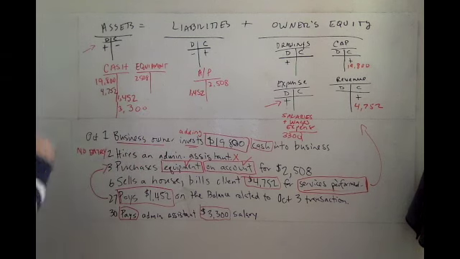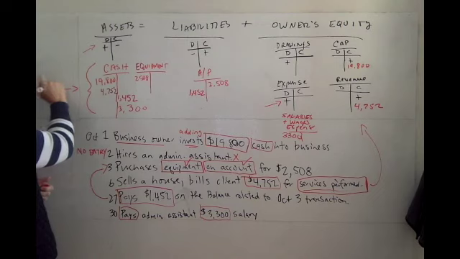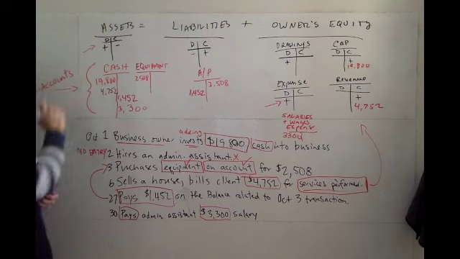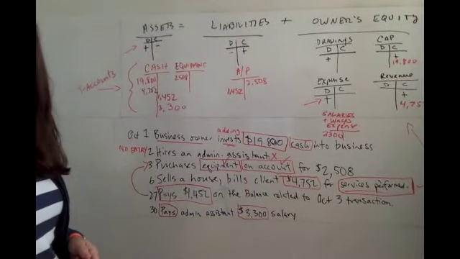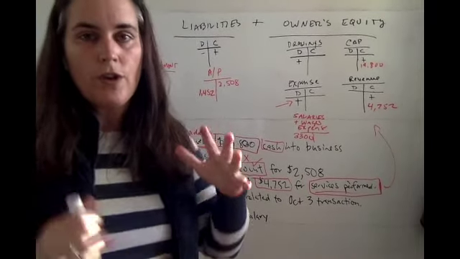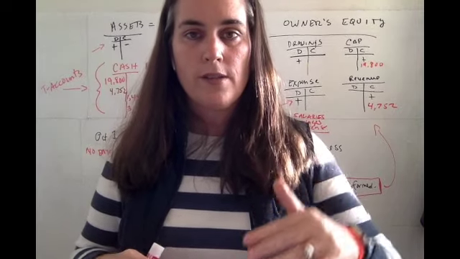These T accounts, we'll be looking at them more next week, but the T accounts are a very helpful tool that will help us interpret and work with all these numbers and keep them locked into a good frame of reference.